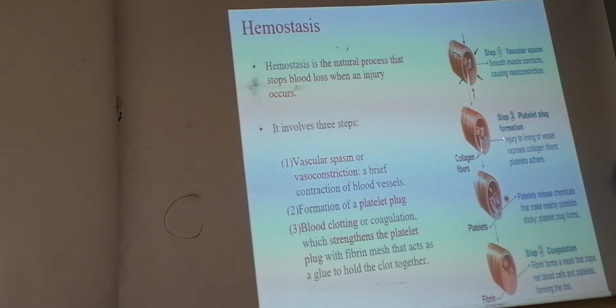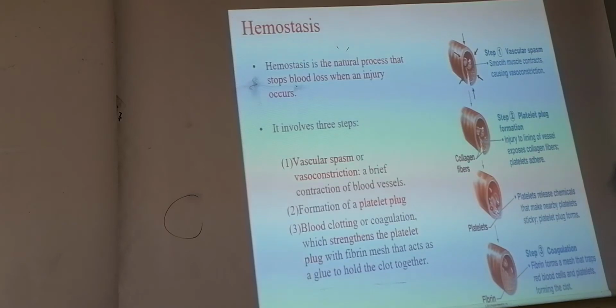A platelet will come into that area and try to plug it, close it. When the lining of the blood vessels is injured, it exposes the collagen fibers. That will lead to platelet adherence. The platelet will adhere to it.